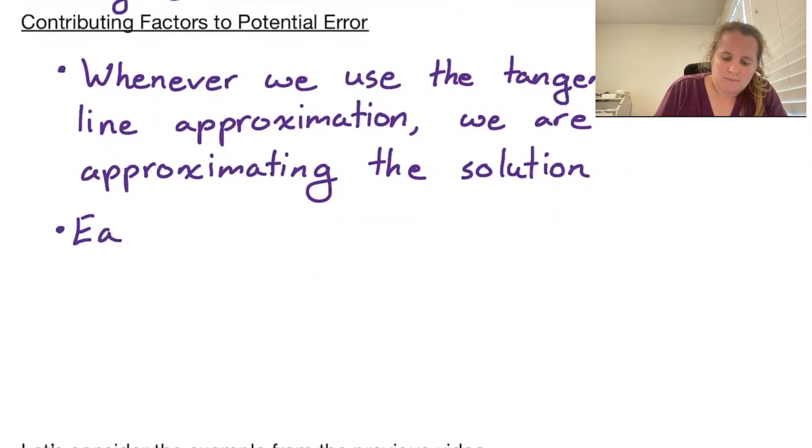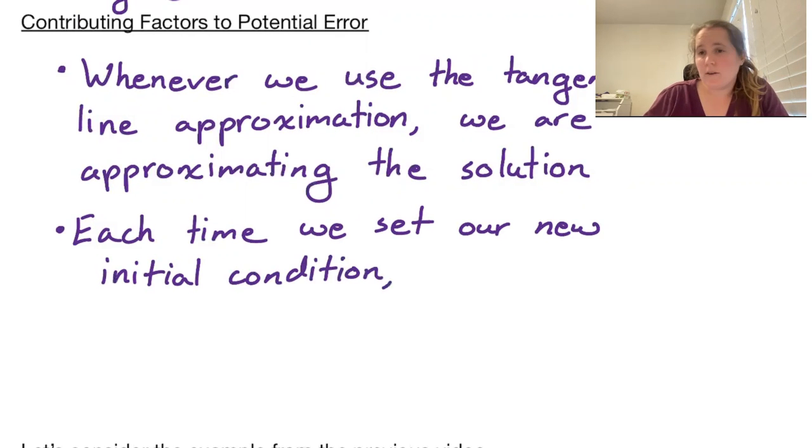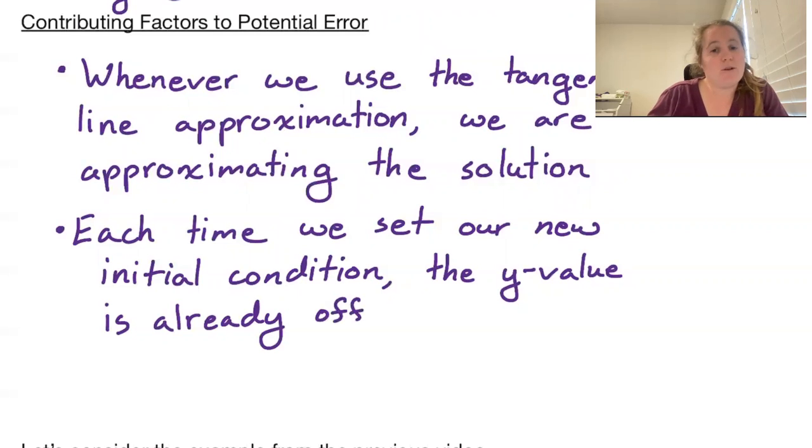So each time we set our new initial condition, the y value itself is already off from the previous tangent line approximation.